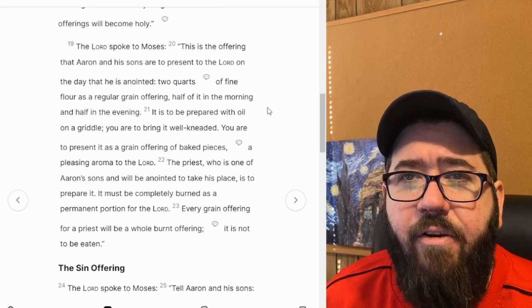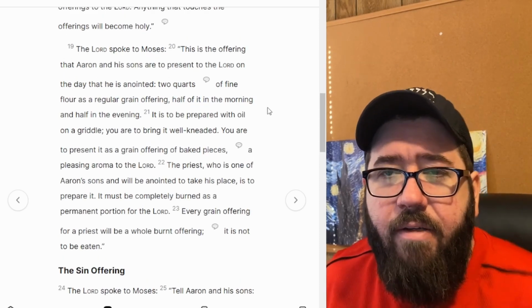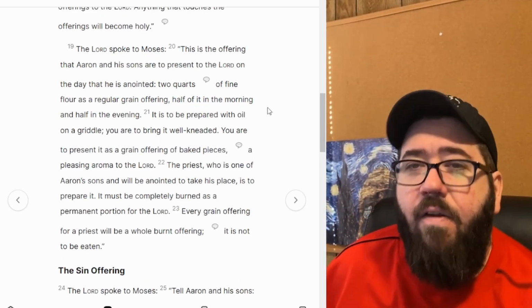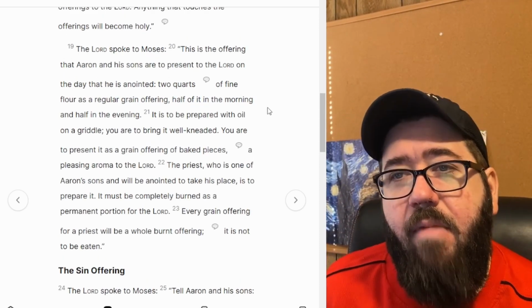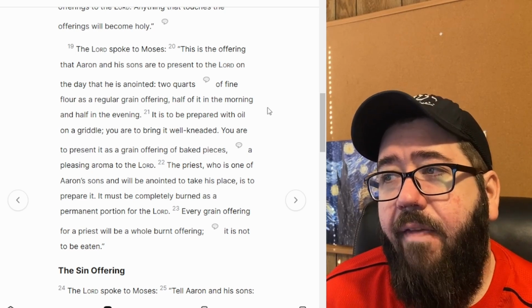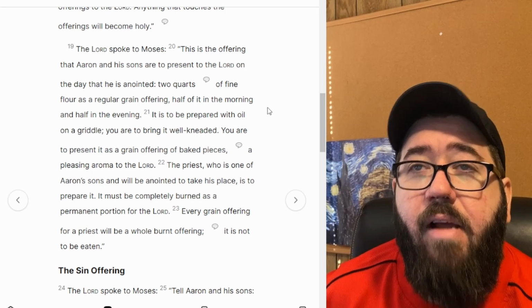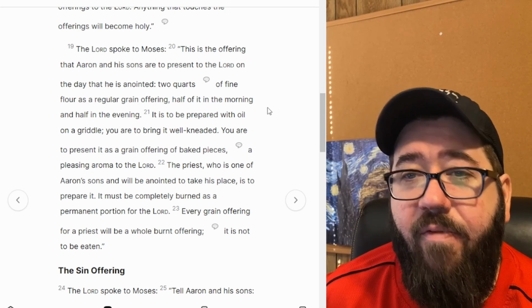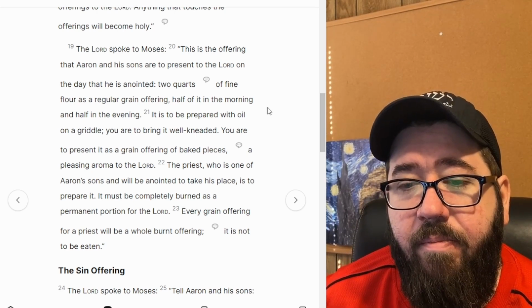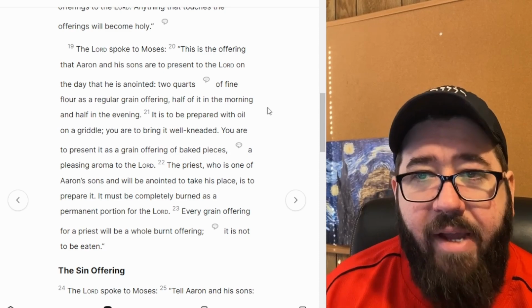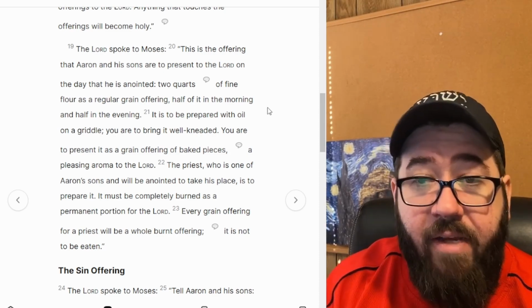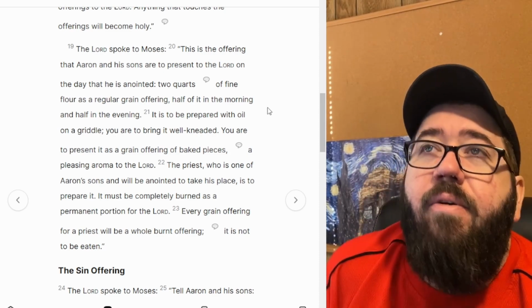Another little side note. Notice the ones that are set apart, Aaron and his sons, they are provided for by God. And the provision comes from what is God's, what's being paid to God, or the offering that's being given to God.